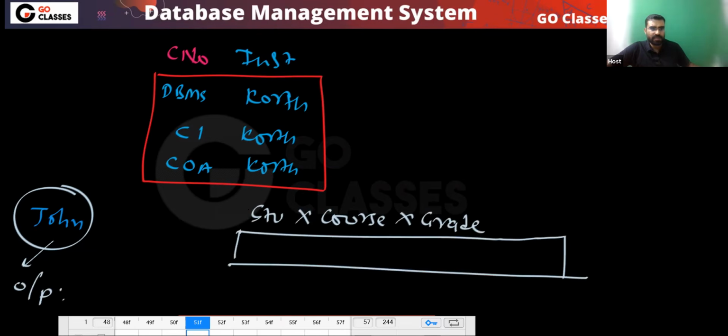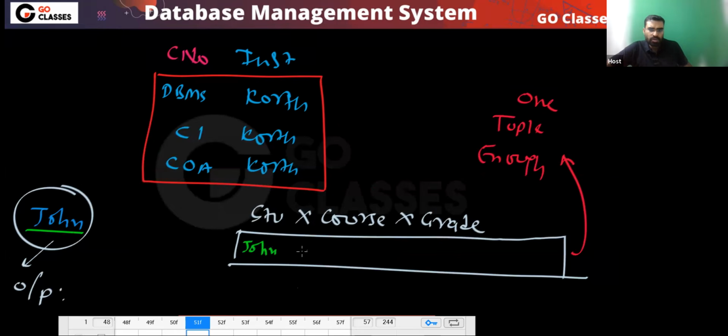One tuple is enough. Yes or no? Correct? Agree? If you want Zone in the output, this is your target. So what should happen? This Zone should have roll number 100. One tuple is enough where all the conditions are satisfied.